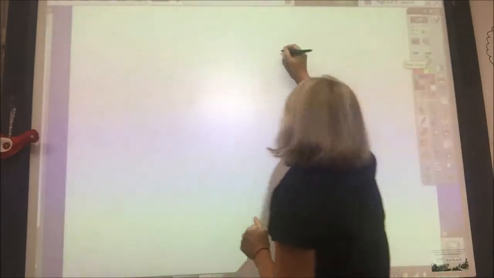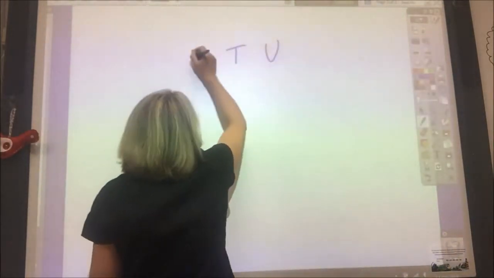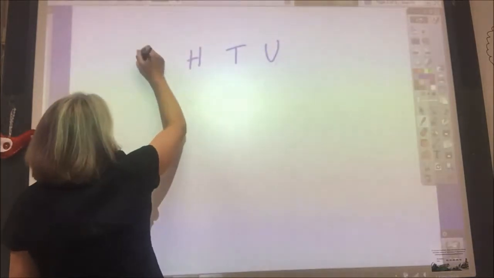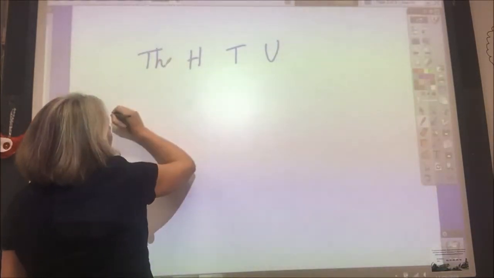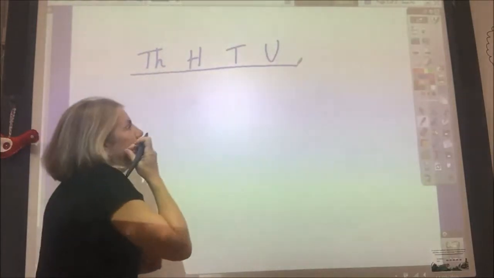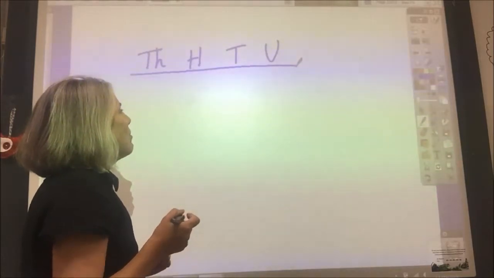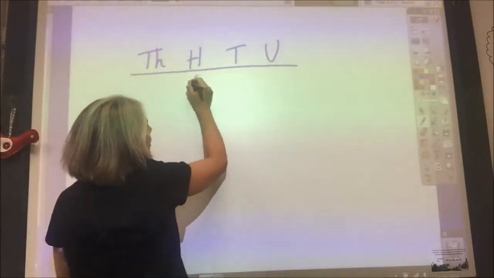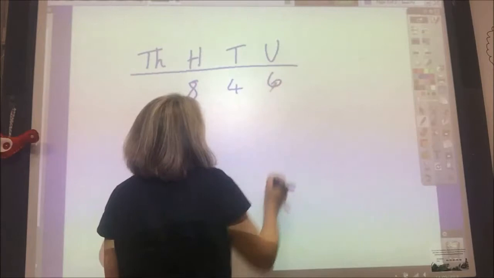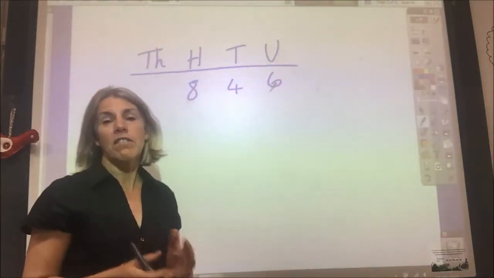So let's pop up our columns again. Units, tens, hundreds, thousands. That'll do us, I think, to start. Let's start with a number, 846. We're rounding to the nearest 100.